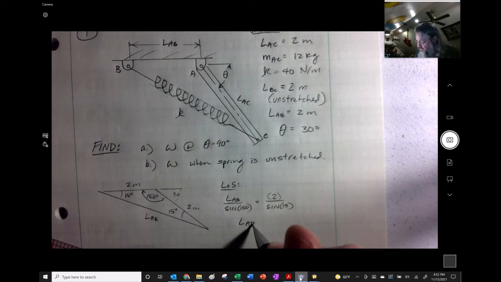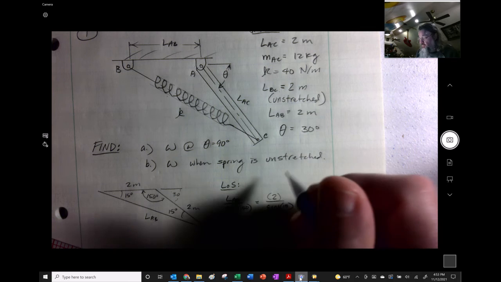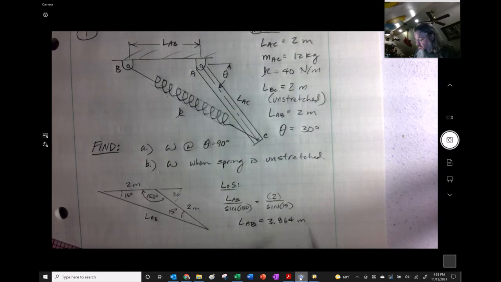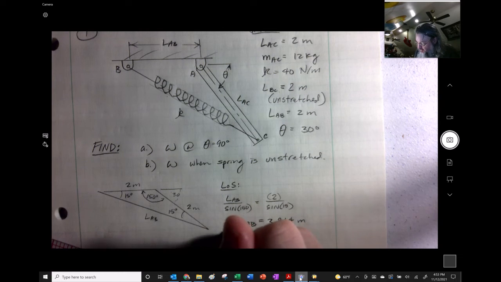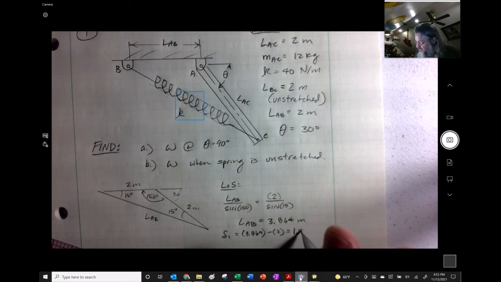So LAB should be 2 times the sine of 150 divided by the sine of 15, and we get 3.864 meters. Therefore, del 1 is going to be equal to 3.864 minus 2, which is 1.864 meters stretched in the beginning.